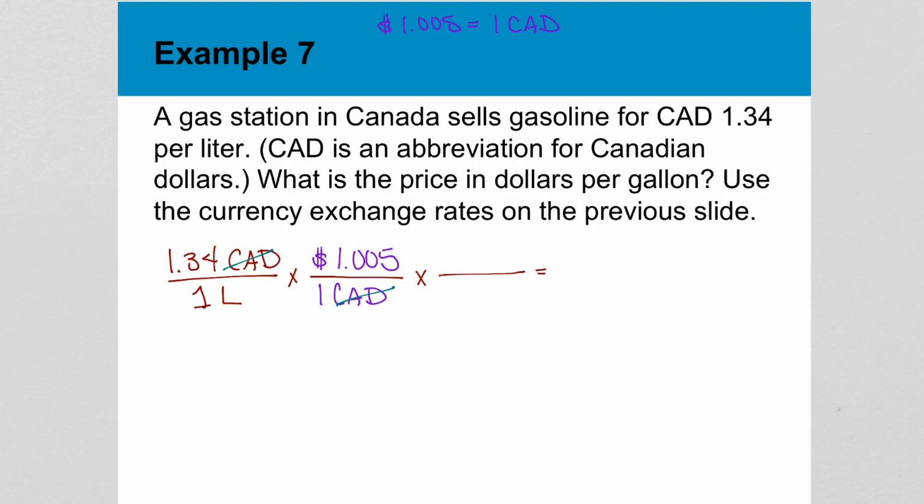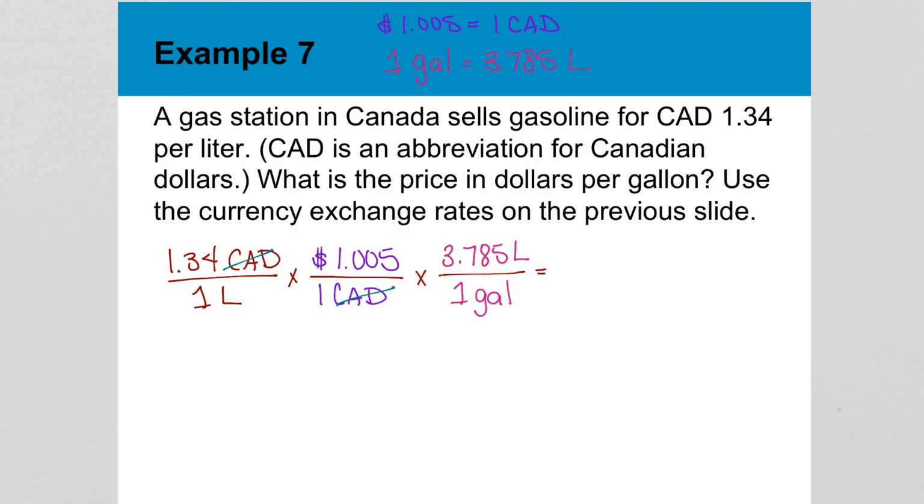So let's see. If you look on the conversion sheet that I've included with this section, then you'll see that 1 gallon is equal to 3.785 liters. So this time, liters needs to go on top, because liters was on the bottom there. It's got to go on the top, 3.785 liters, and 1 gallon will be on the bottom.